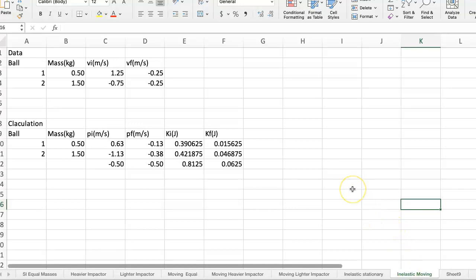You need to label your sheets so that they reflect which scenario you are talking about. I hope this lab is going to be very straightforward with no problems. If you have any, of course the rubric is there, and if you have any issues, please contact me as early as you can. Thank you.